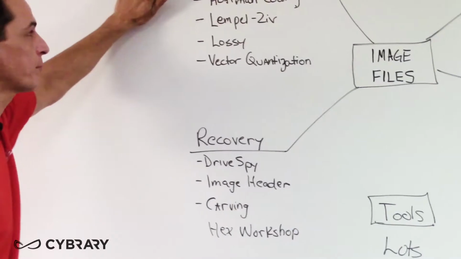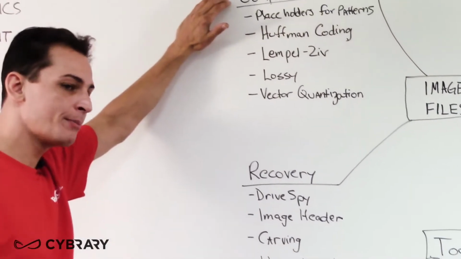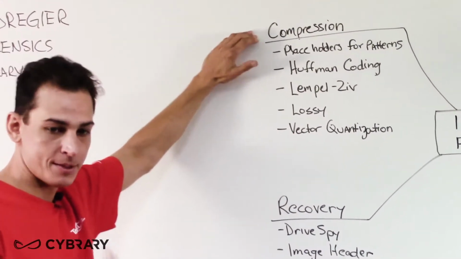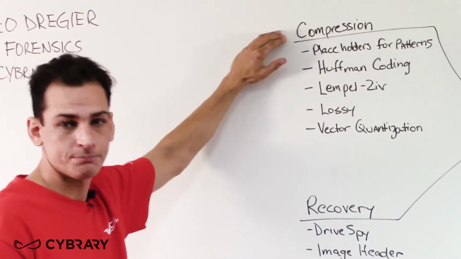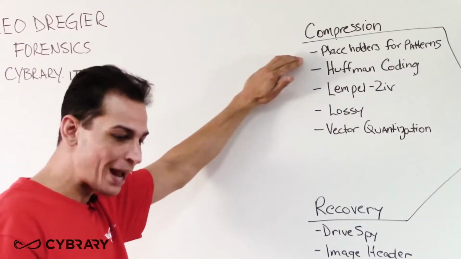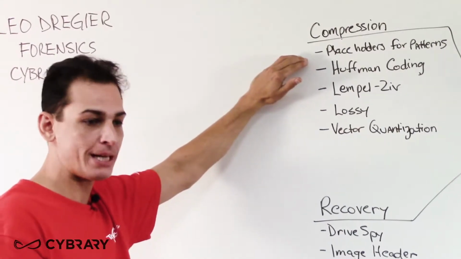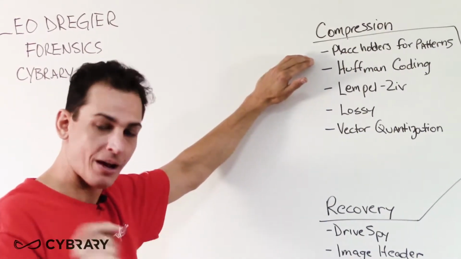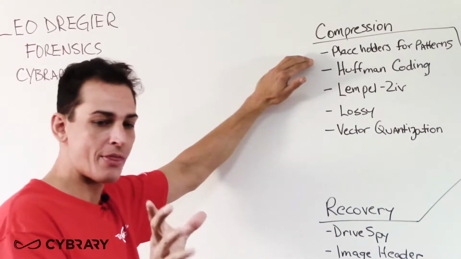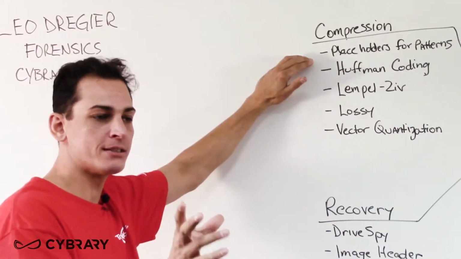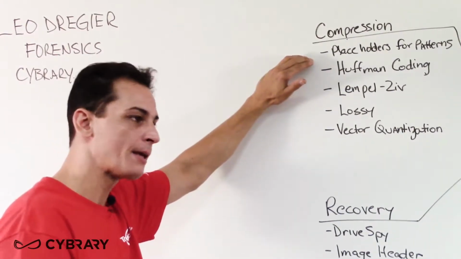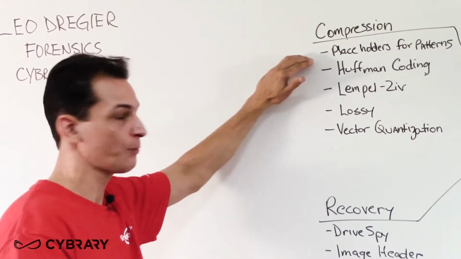So let's talk a little bit about compression. The theory behind compression is you want to take something big and you want to make it smaller. So one way to do that is to take a repeating pattern that you find throughout an image, and then take out that pattern that repeats itself and just put a placeholder there, and ultimately you can shrink the file.